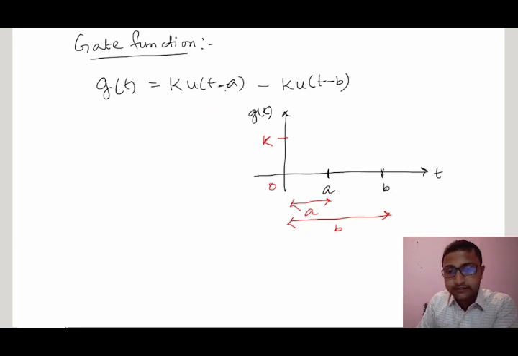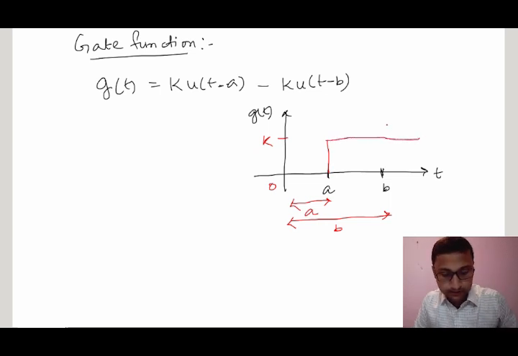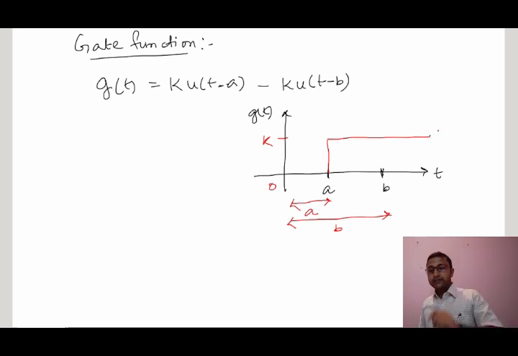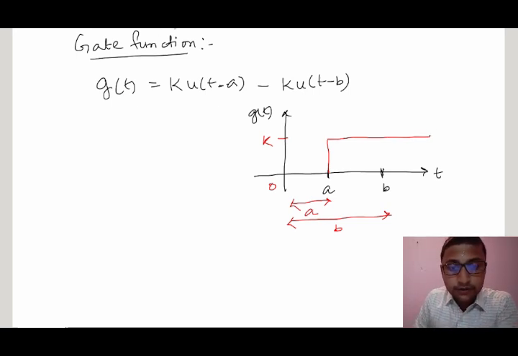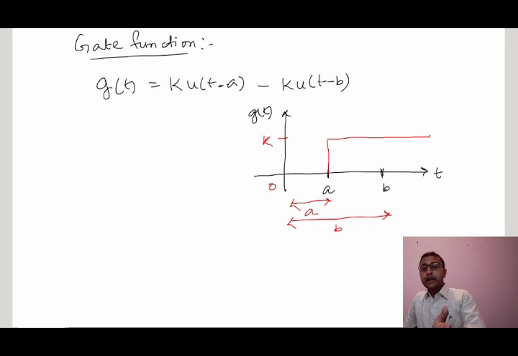First of all, the signal starts from the small a, that is a seconds later from the origin with constant magnitude. So the signal will start from small a and then it will continue maintaining the constant magnitude k. Another signal with constant magnitude k will start from b seconds later from the origin.